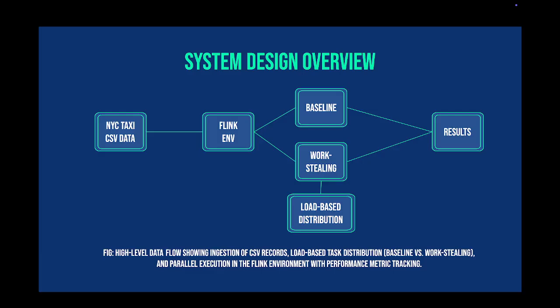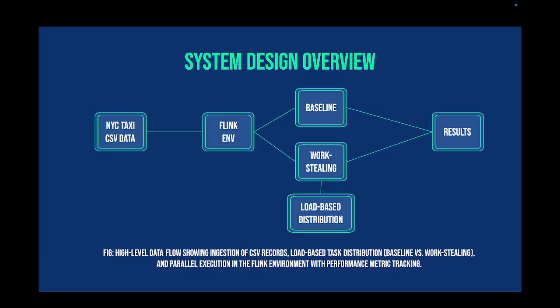This is stored in a CSV, and once the data arrives as CSV, each record is scored on the load it would create using a metric which is trip miles times the fare value. And based on this load score, the tasks are classified and routed. They're either processed through the standard baseline or the dynamic scheduler, which is the work stealing. And throughout all this process, the performance metrics like runtime, throughput, and resource efficiency are being continuously tracked.